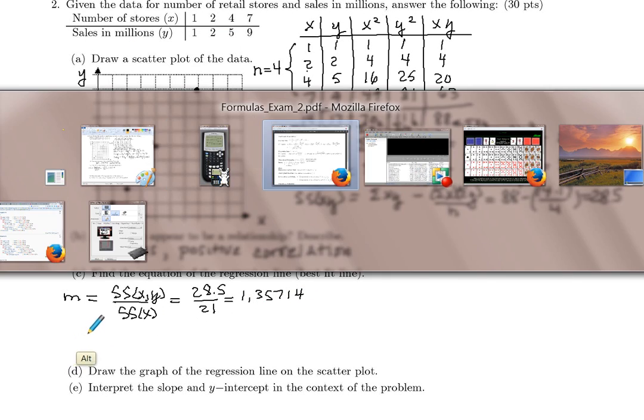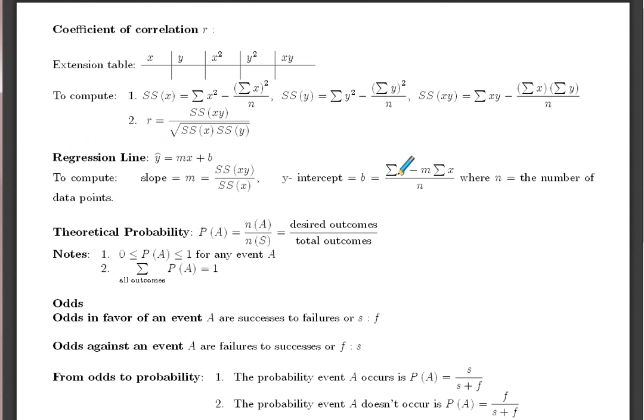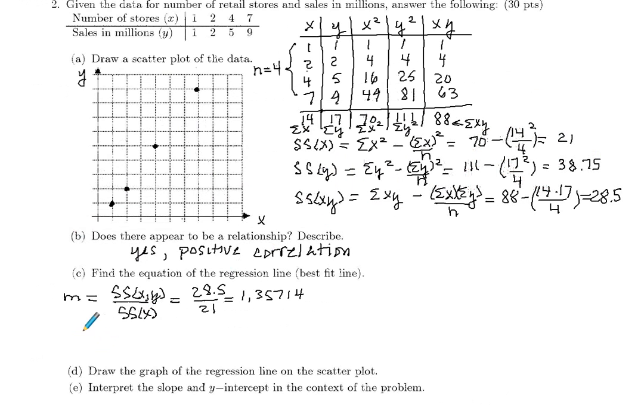And then our equation for b, sum of y minus m sum of x over n. So our b is the sum of the y's minus m times the sum of the x's over n.